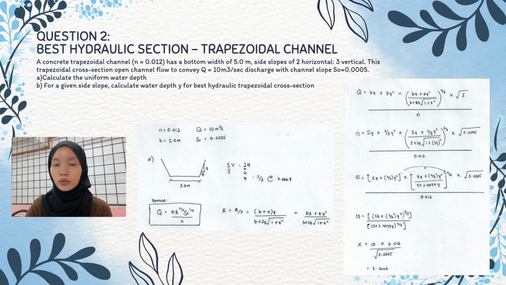Next, question 2, which is determining the best hydraulic section for a trapezoidal channel using Manning's equation and the trial and error method. Let's begin by looking at the data provided.